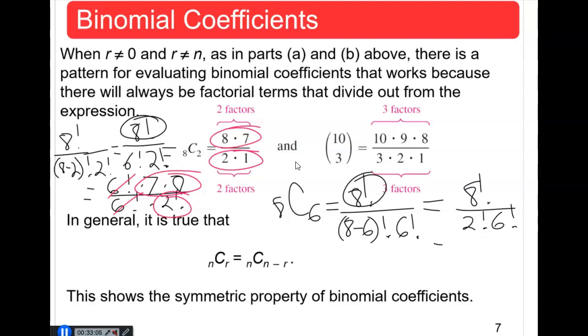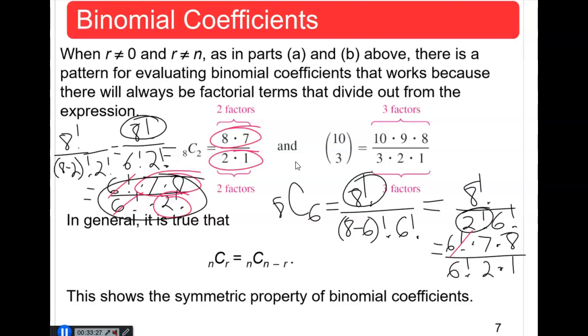And if you notice, it's starting to look a lot like this one here, because instead of 8 factorial, I'm going to use 6 factorial and then times 7 times 8. And for the bottom, instead of 2 factorial, I'm just going to have 2 times 1 and then 6 factorial. I'm going to put it at the beginning.